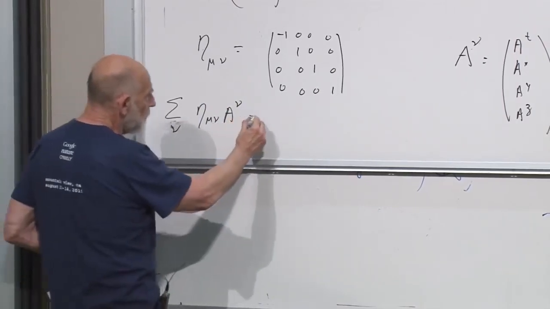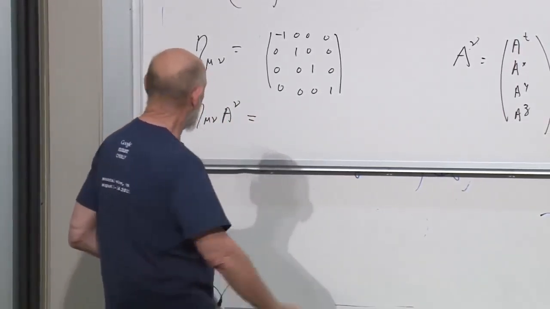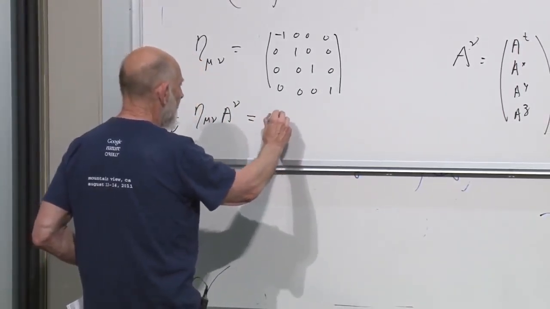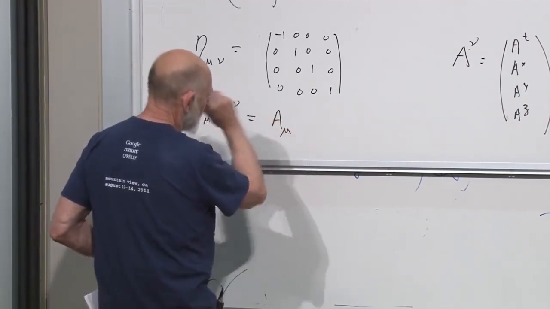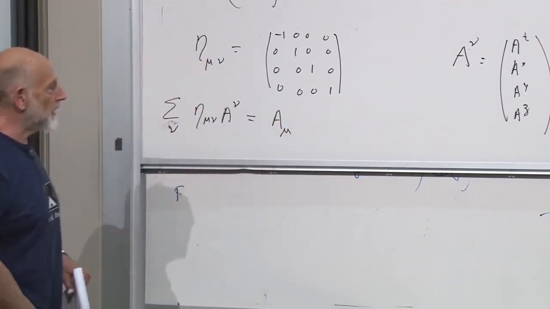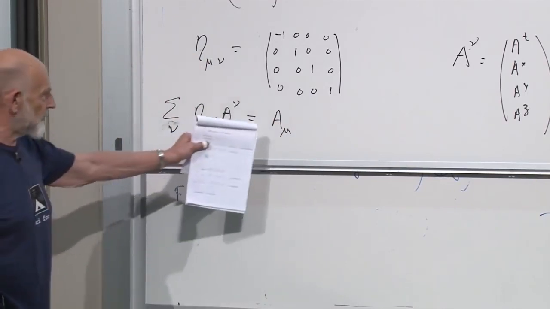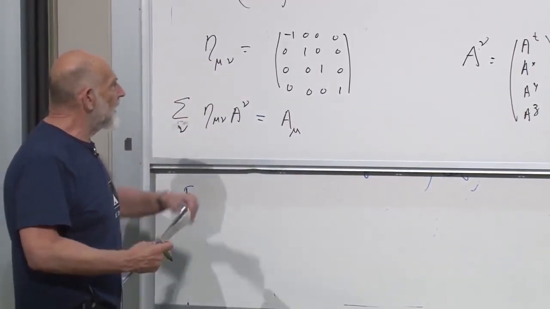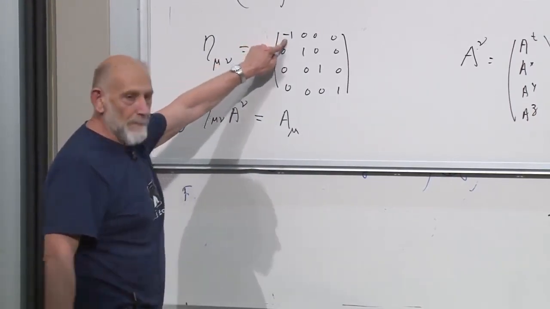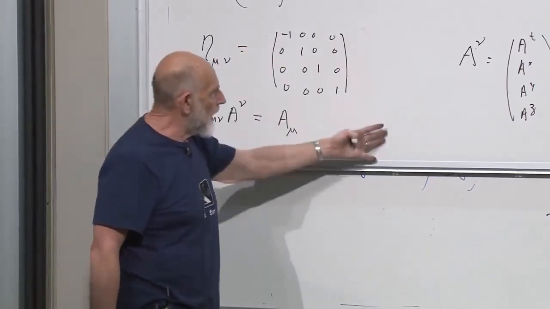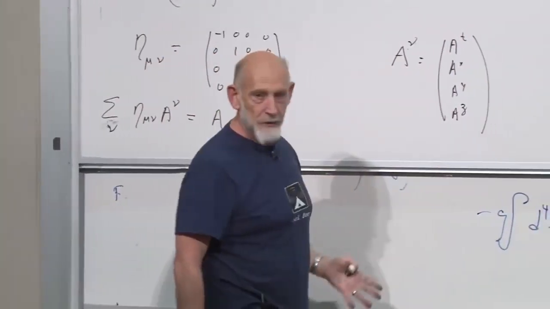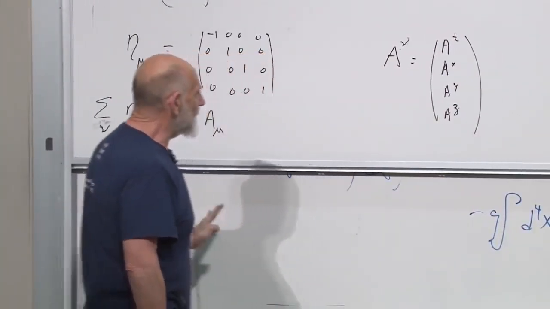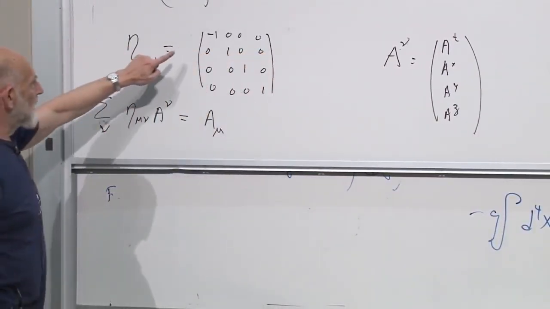And this represents a new object, which we'll call A with a lower index here. Let's see if we can figure out what this A with a lower index is. It's not the original A. If this really were the unit matrix, and you multiplied a vector, you would get back exactly the same thing. But not quite.